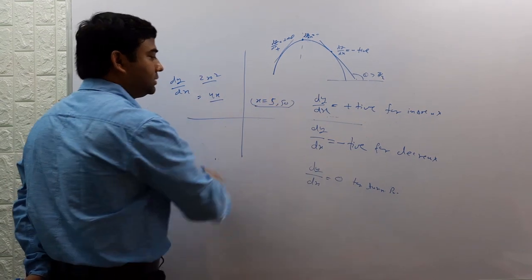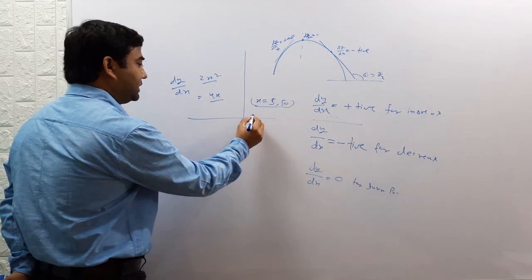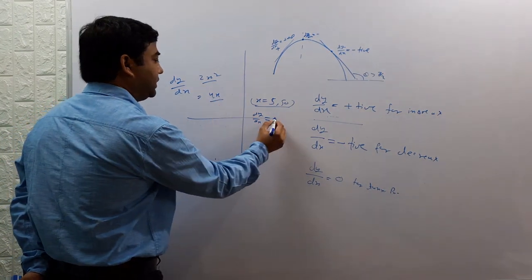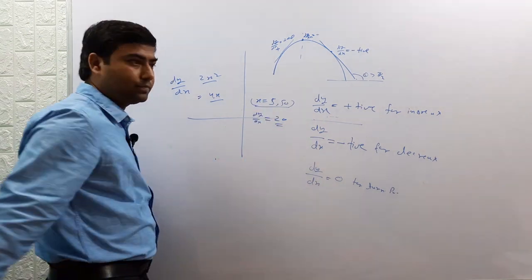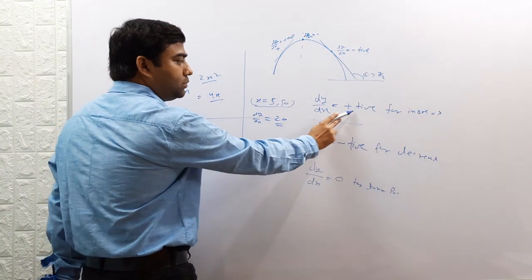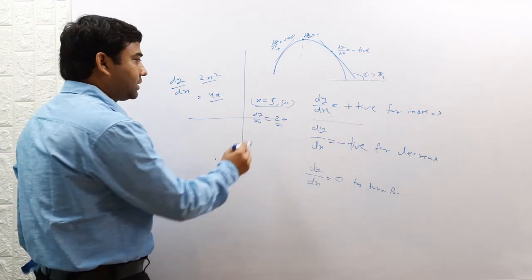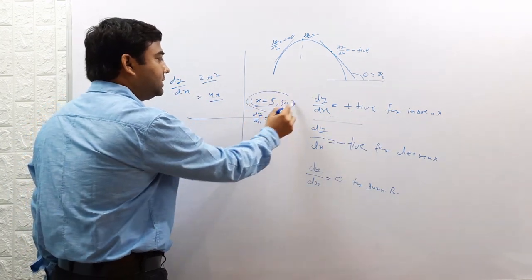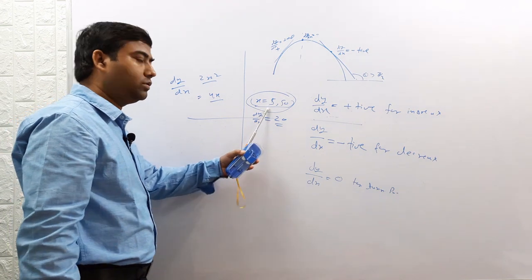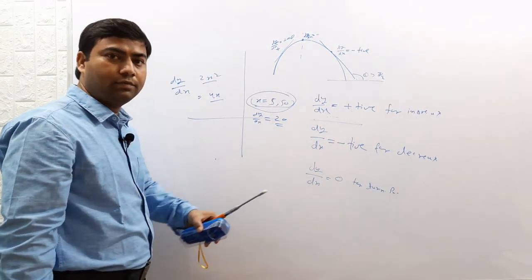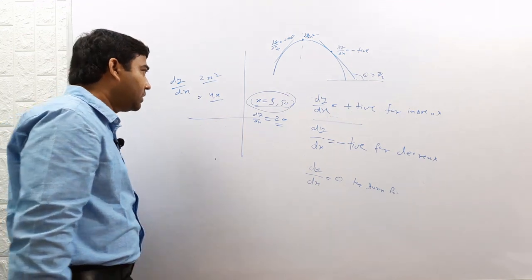At this point dy over dx is equal to 20, which is positive. That means an increasing function. At this point the function is increasing. When you increase the value of x, function value will increase. When you decrease the value of x, value of function will decrease.